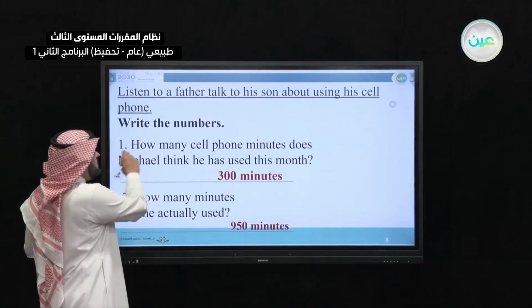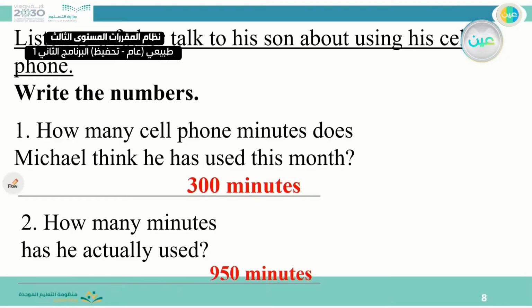So now the question says here, how many cell phone minutes does Michael think he has used this month? Because we are talking about Michael, we say here he. Let's use the red one.